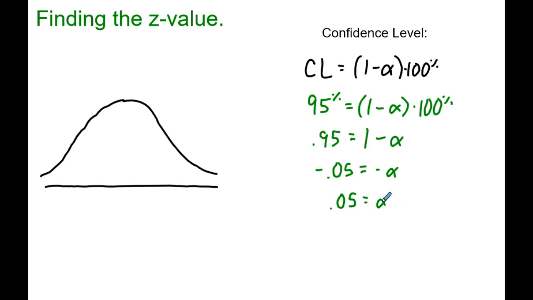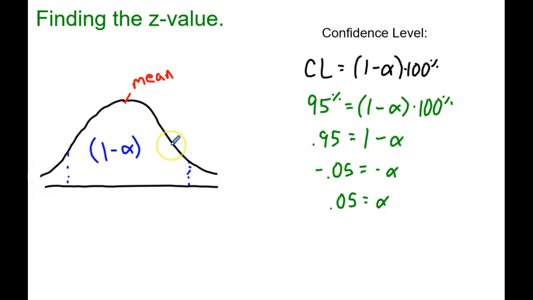Now we're going to see how that relates, where we can see that on our bell-shaped curve. So recall our bell-shaped curve. It's symmetric about the mean, the average, which is right in the middle. For our confidence level, which is 0.95, we got that from the 95%, that is equal to 1 minus alpha.